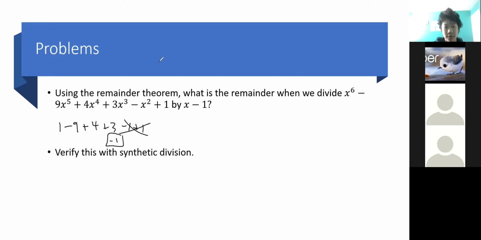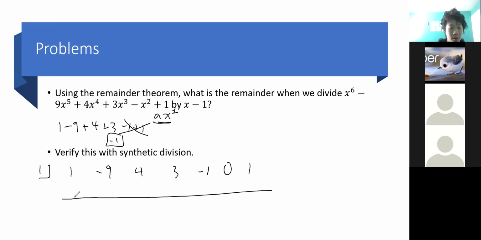Let's verify this with synthetic division. We've got 1, negative 9, 4, 3, negative 1. Be careful here, there is no x term with a coefficient of 1 to the power of 1, so what we need to do is actually put a 0 there. Be very careful here. That's the proper way to do it.